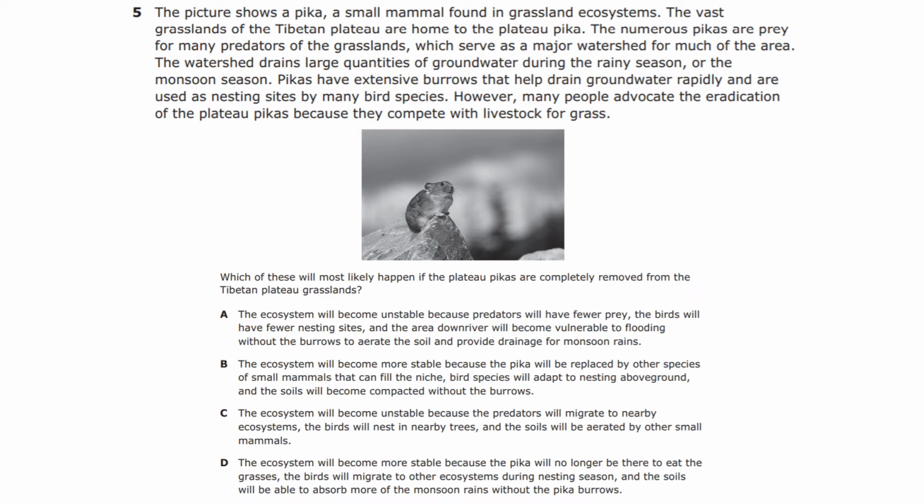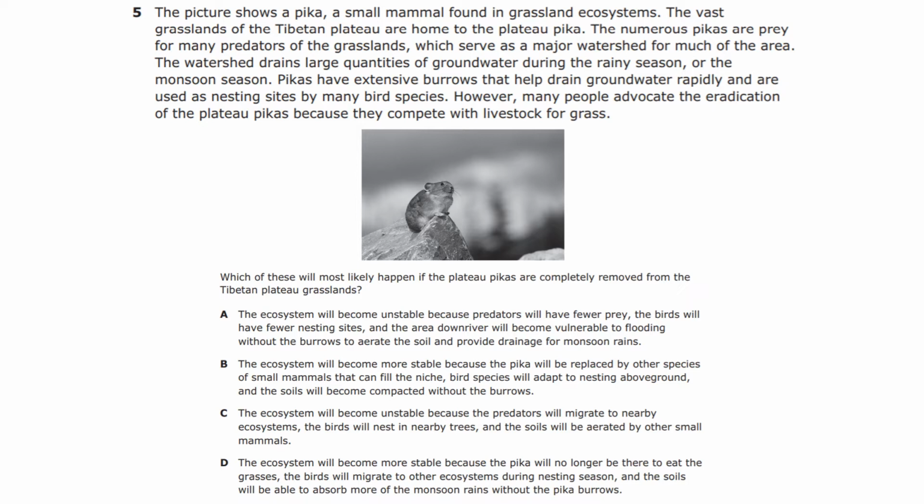So anytime you have an established ecosystem, which this one is, and you remove something from it, it's going to disrupt the ecosystem. So it's going to cause what we would consider instability or make it become unstable. So the first thing we want to look at is which of these most likely would happen if the plateau pikas are completely removed from the Tibetan Plateau grasslands.